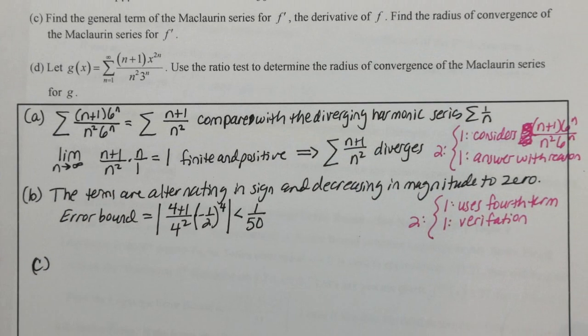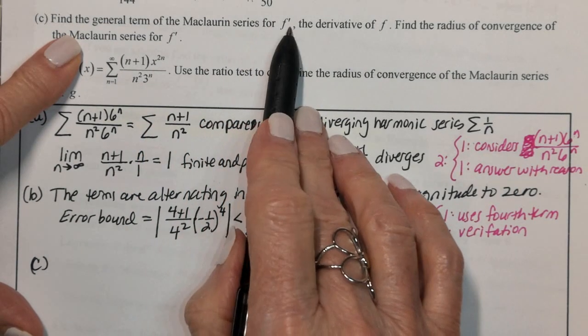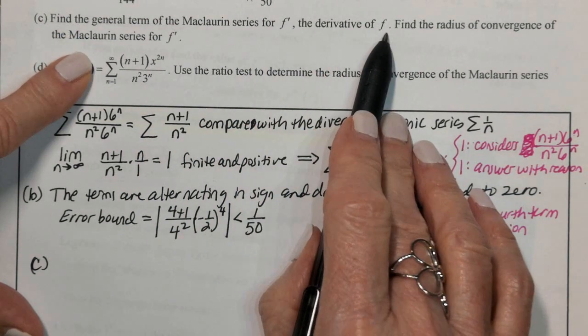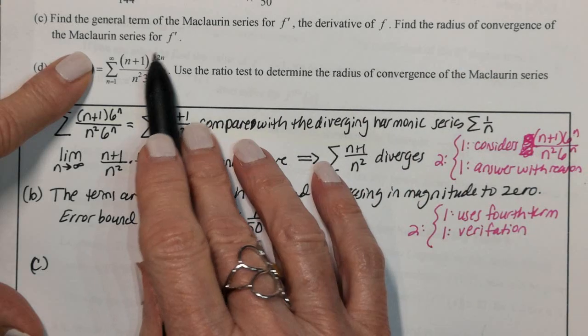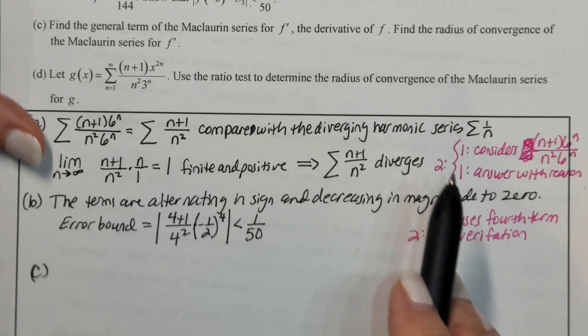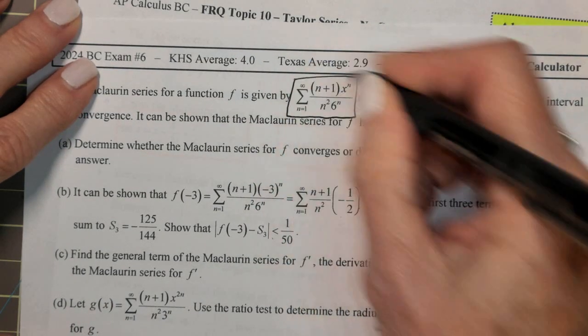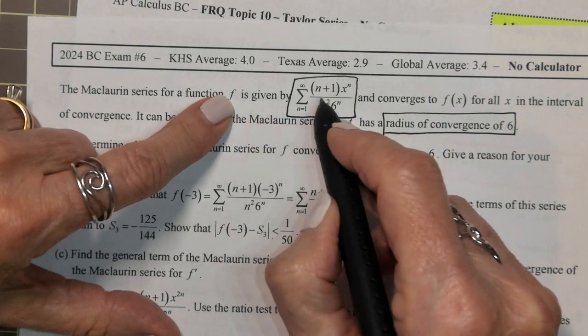Part C. Find the general term of the Maclaurin series for f prime, the derivative of f, and then find the radius of convergence of the Maclaurin series for f prime. So first of all, here is the series for f. That's f.